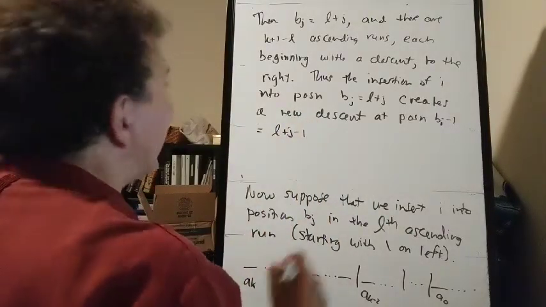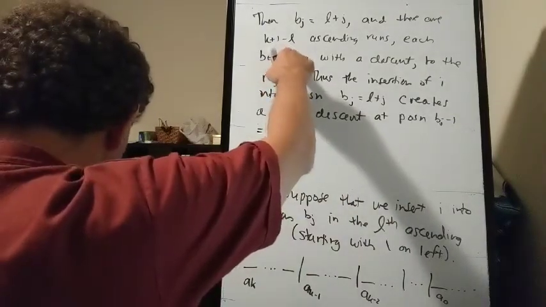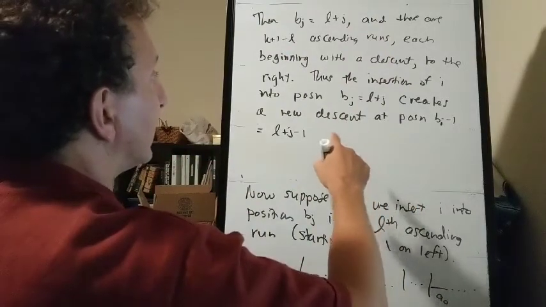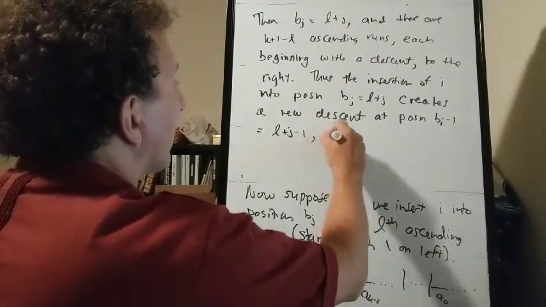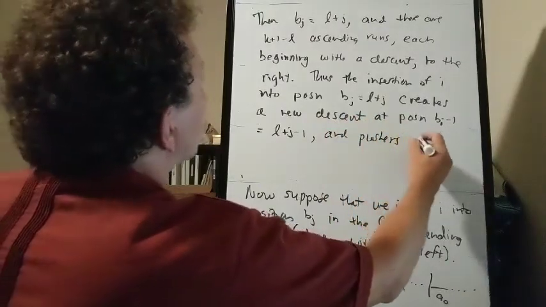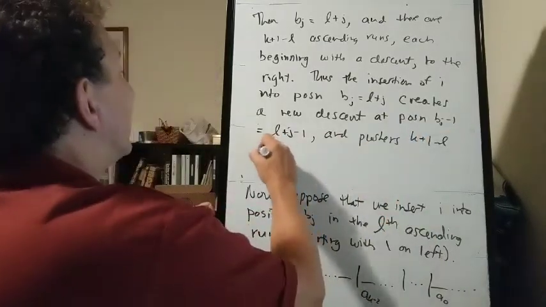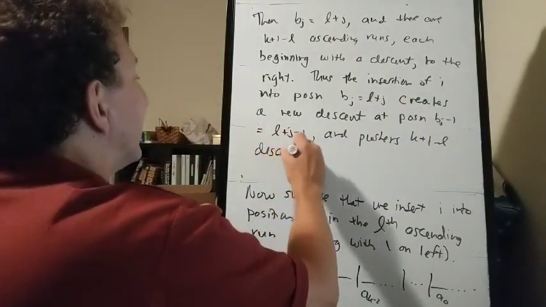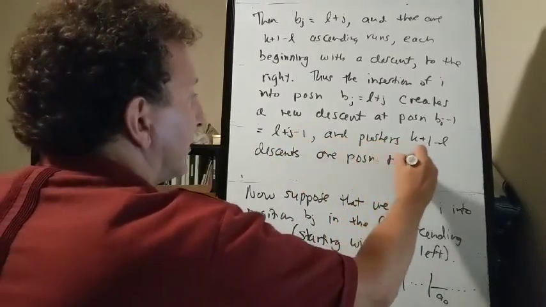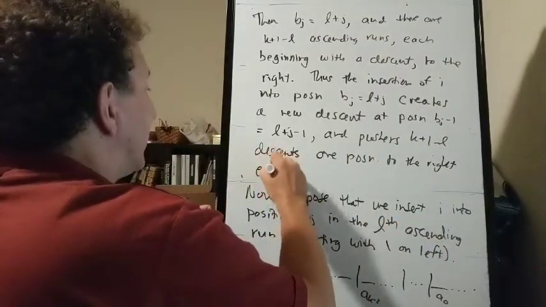And then we're pushing k plus 1 minus L descents 1 position to the right each.